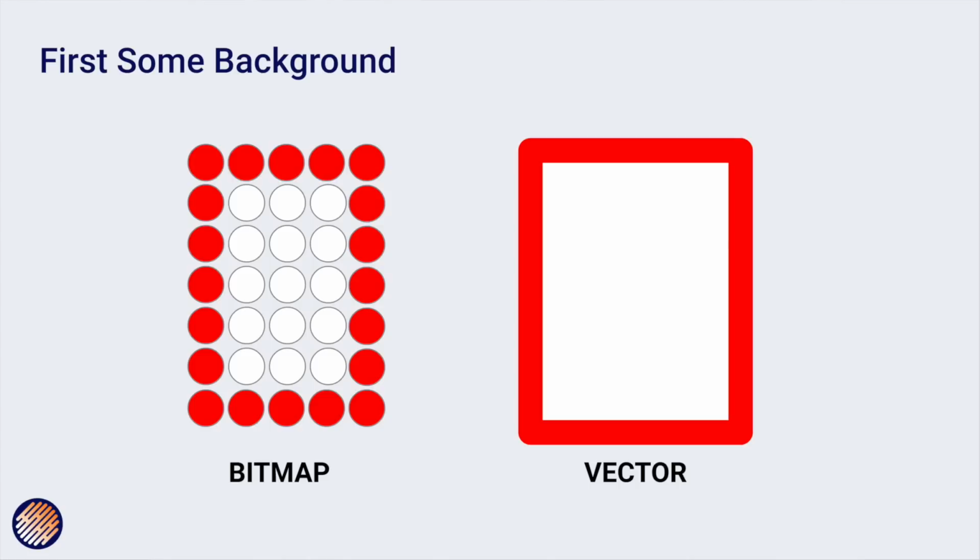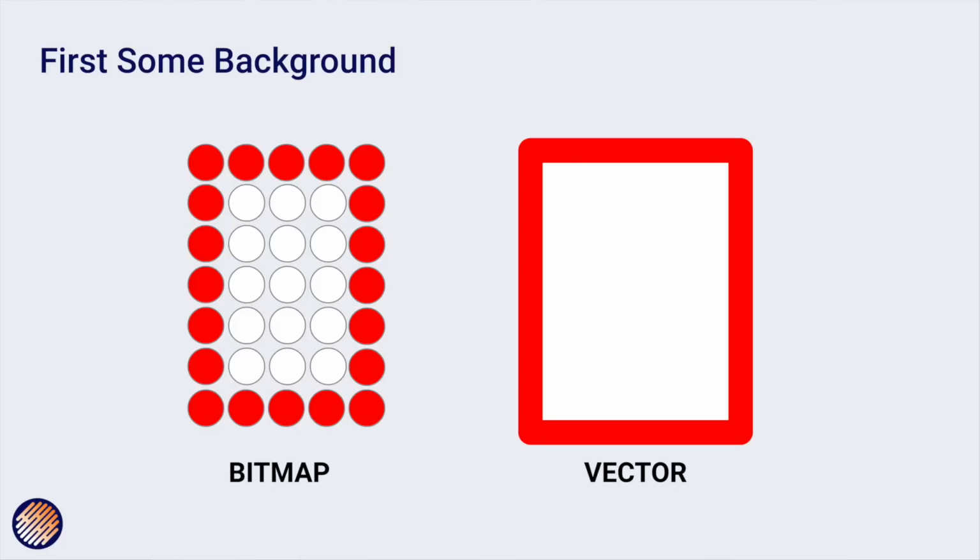So you have red dots and white dots representing that rectangle. Bitmaps or dots are the way we represent pretty much all photographs, JPEG images, GIFs, BMPs, PNGs. These are all extensions, types of files, but they're just different ways for representing dots.